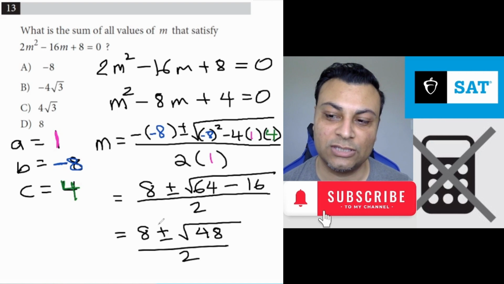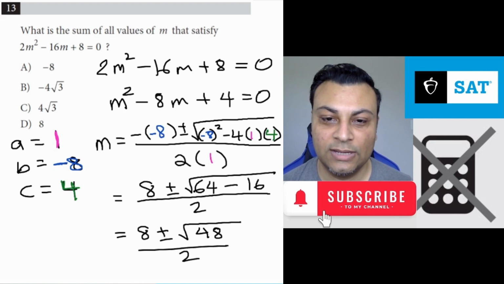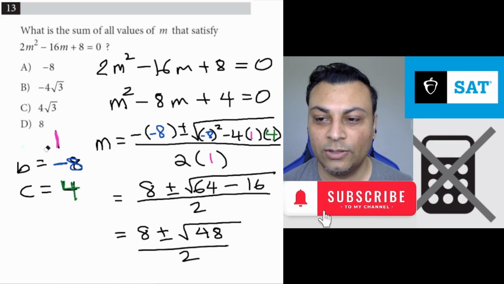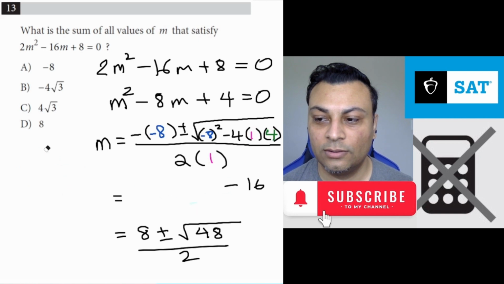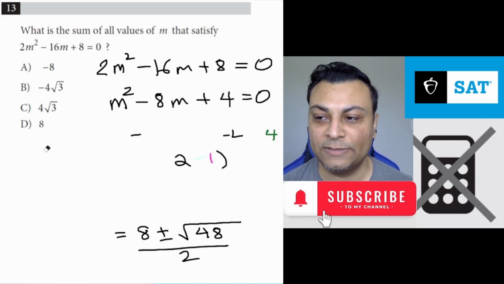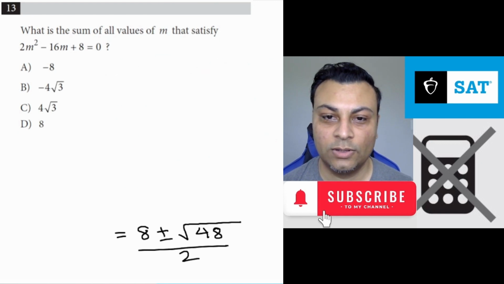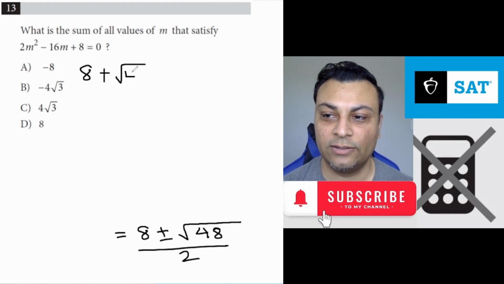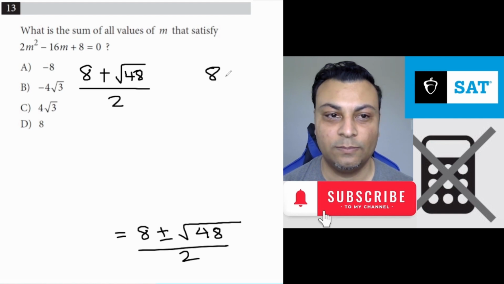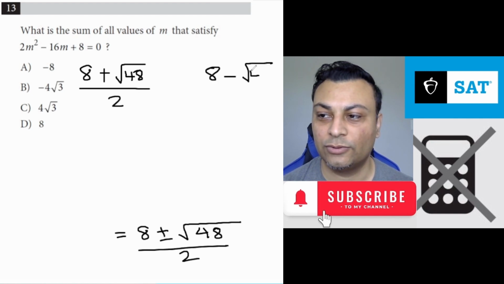Why do I say all this is irrelevant? Because at the end of the day, one of your roots will be 8 plus root 48 over 2, and the other one will be 8 minus root 48 over 2.